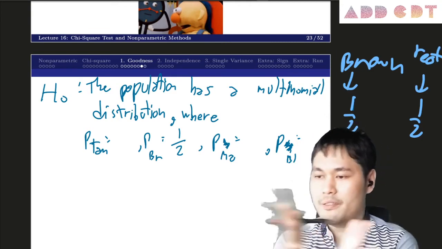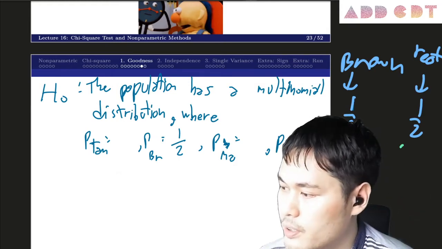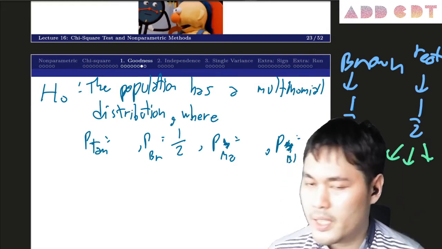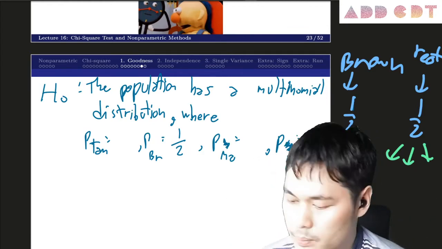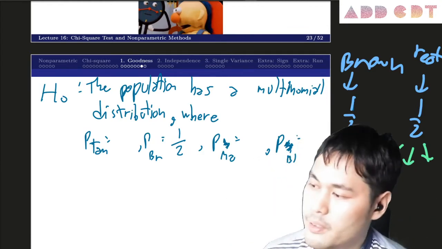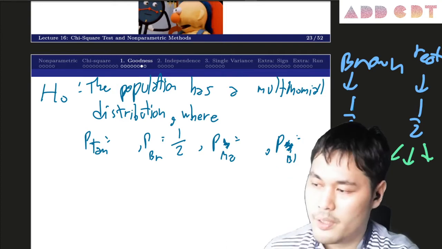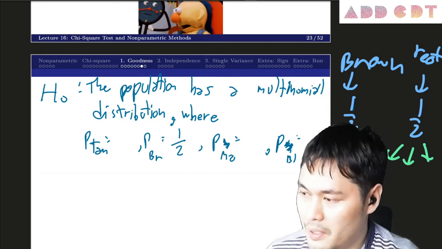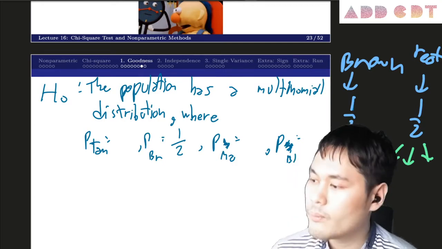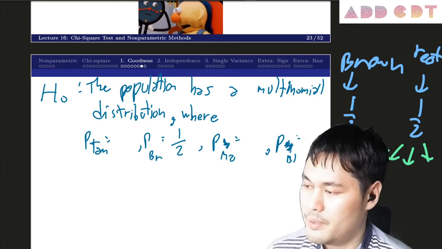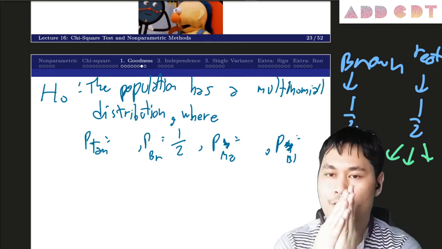But since the rest has 3 different colors, 3 different categories, you have to split this 1/2 into 3 probabilities, and since each of these has the same chance, they each have 1/3 chance, but is it 1/3 of 1/2, right? Because we only have 1/2.